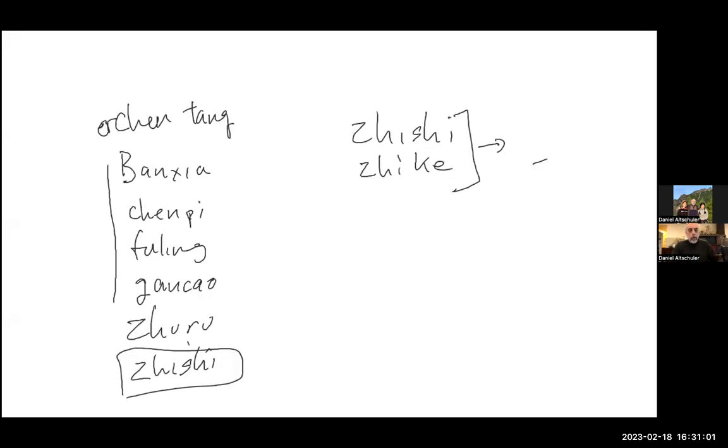Okay, so now we are at Xiao Xian Tang, and that is a kind of cool formula. It's just 3 herbs. It's a Shanghan Zabing Lun formula, not used a lot. I'm sure some practitioners use it a lot, but you don't see it prescribed that much.